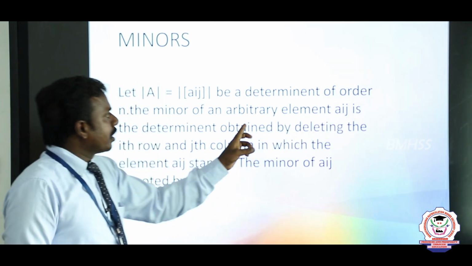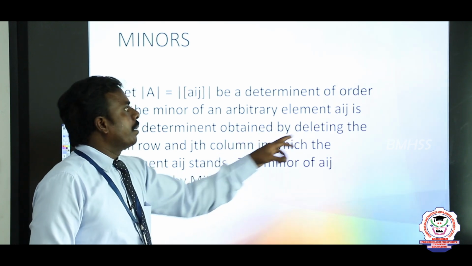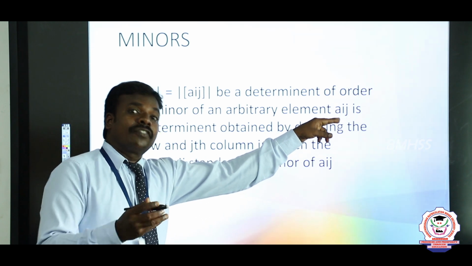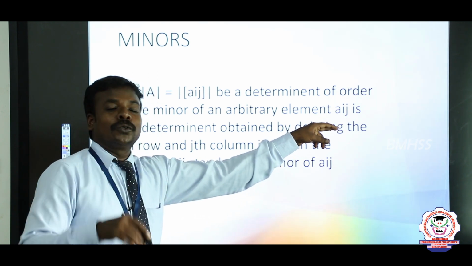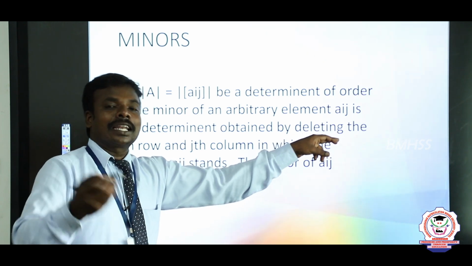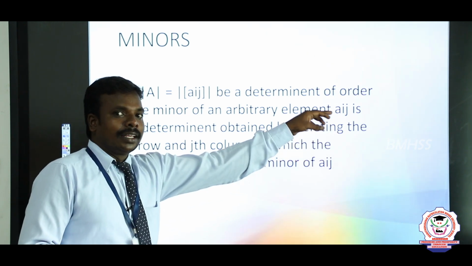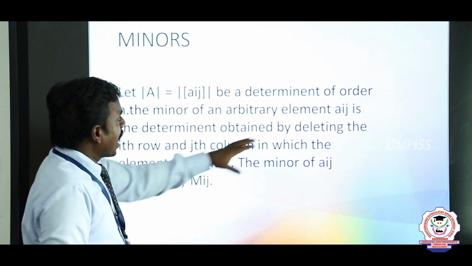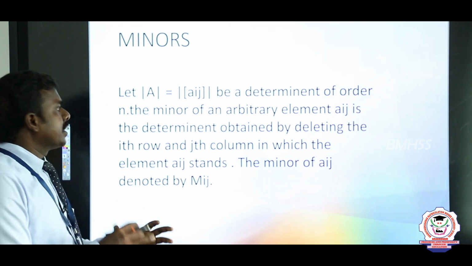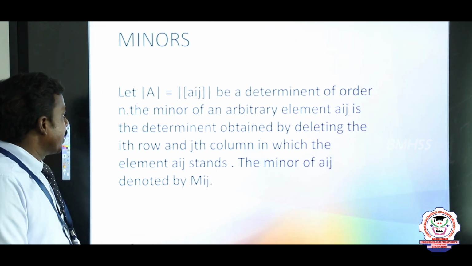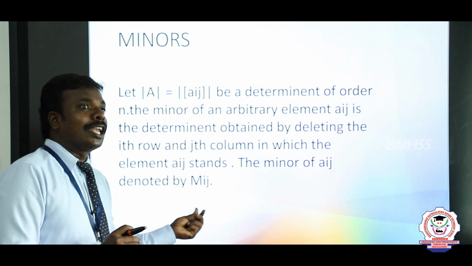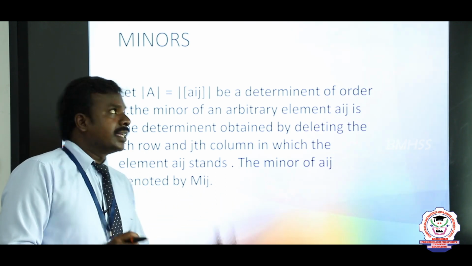If it is A1,2, we need to omit the first row and second column. It represents the position of the value. After deleting the ith row and jth column in which the element Aij stands, the minor of Aij is denoted by Mij. Minor value is always denoted by Mij.